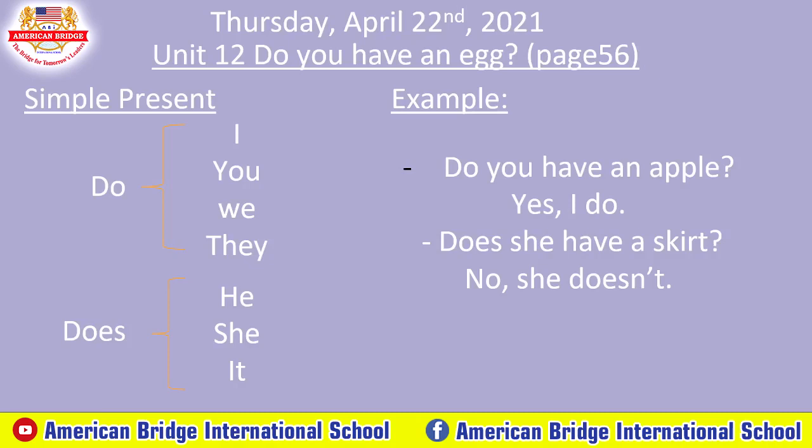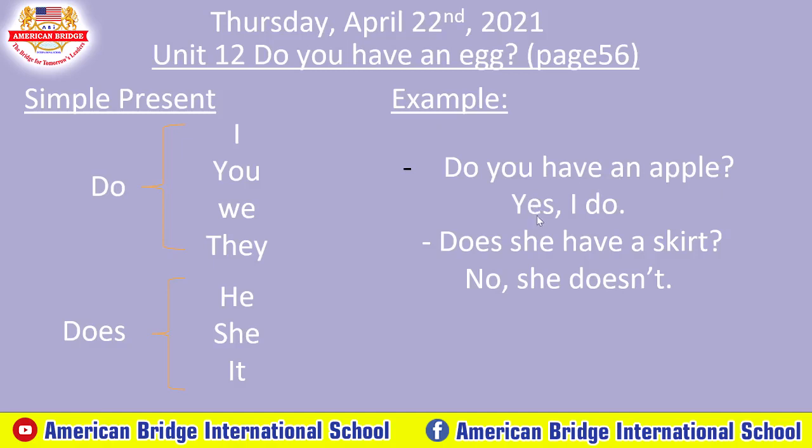So before we do our exercise on the page, teacher wants you to review again how to use the simple present in question form with yes and no questions, right? Okay, here you can see we use do with I, you, we, they, and does with he, she, and it. For example, do you have an apple?